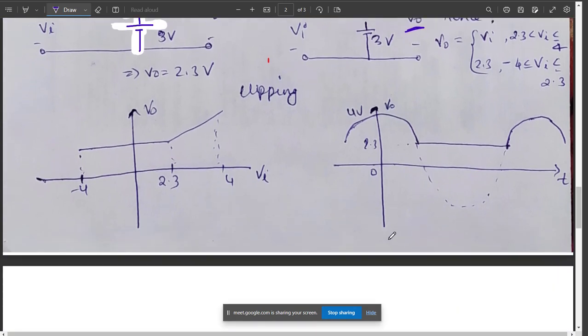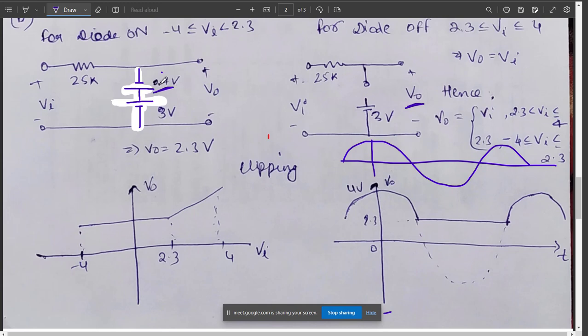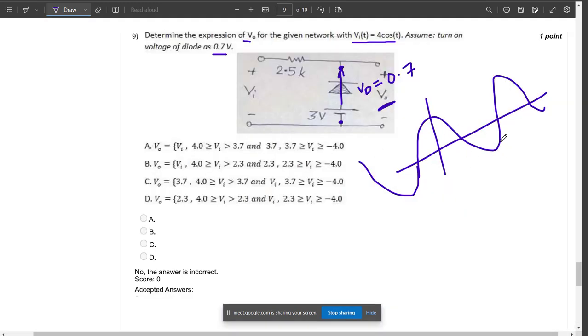One second, this is the output. I'll make the input as well. So input is like this. Okay. So when the diode is forward biased, when the cycle goes in the negative cycle, plus we have to also consider this 3 volts, right?